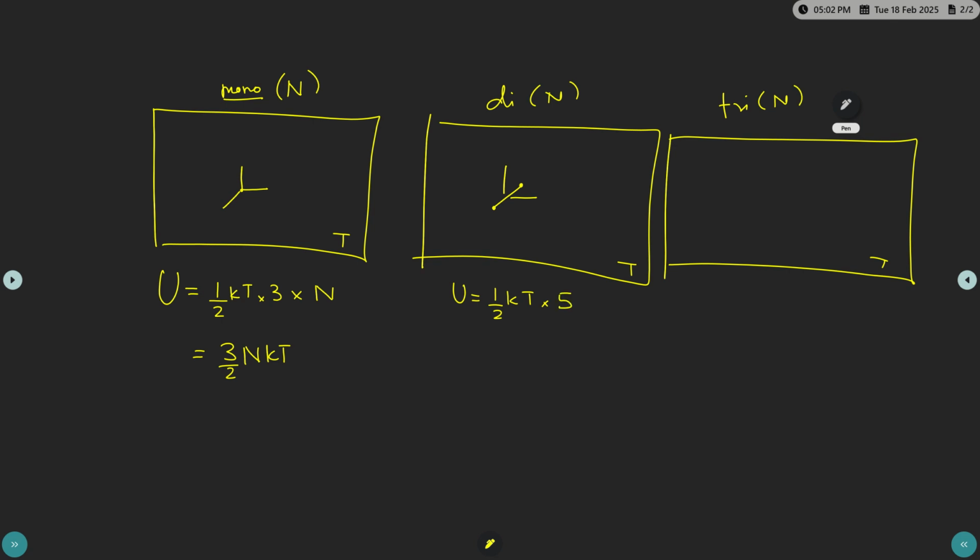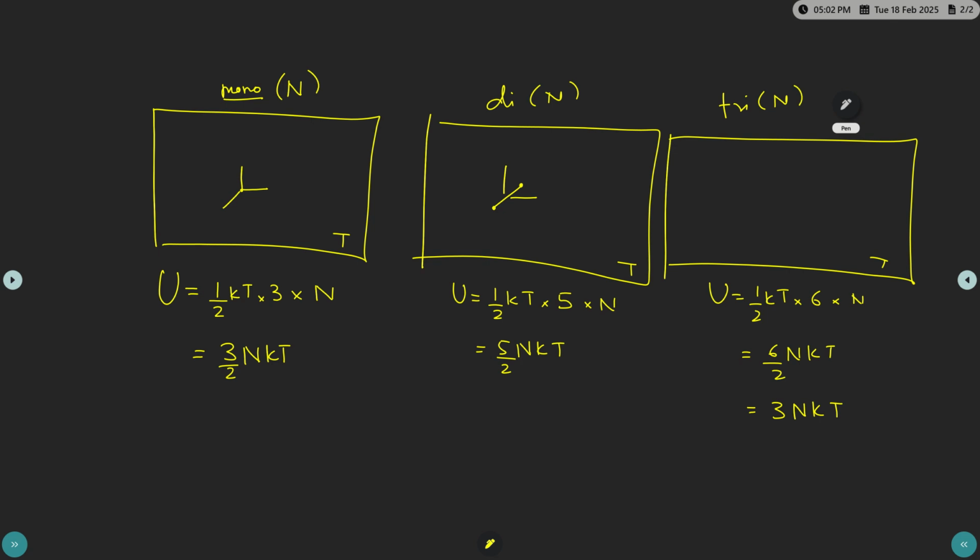This is the average internal and average kinetic energy of one molecule. There are total n molecules, so we will multiply it by n. This is 5 by 2 nkT. For a triatomic gas, each degree of freedom gets half kT. The degrees of freedom for this is 6. So this is 6 by 2 nkT or 3 nkT.